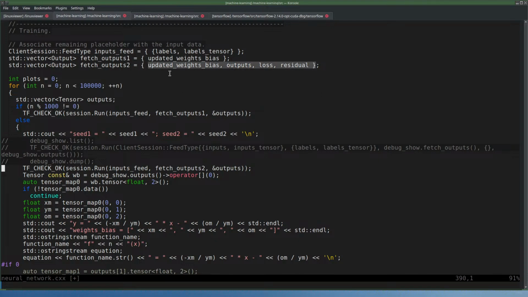Fetch these. Updated weights and biases is required. Might as well treat it as weights and biases. It's the first one, so we read that here.